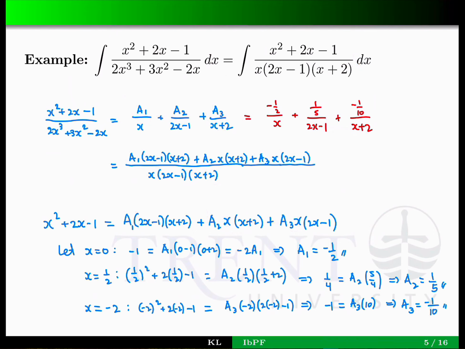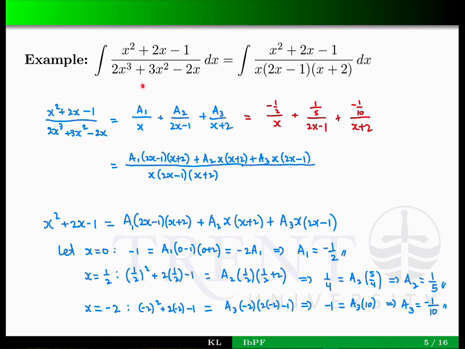If your denominator is factored into distinct linear factors, the best numbers that you can use for your x are the zeros of these factors. In our case, we got x equals 0, x equals 1/2, and x equals -2. And then once you've done that, you will be able to get your a1, a2, and a3.